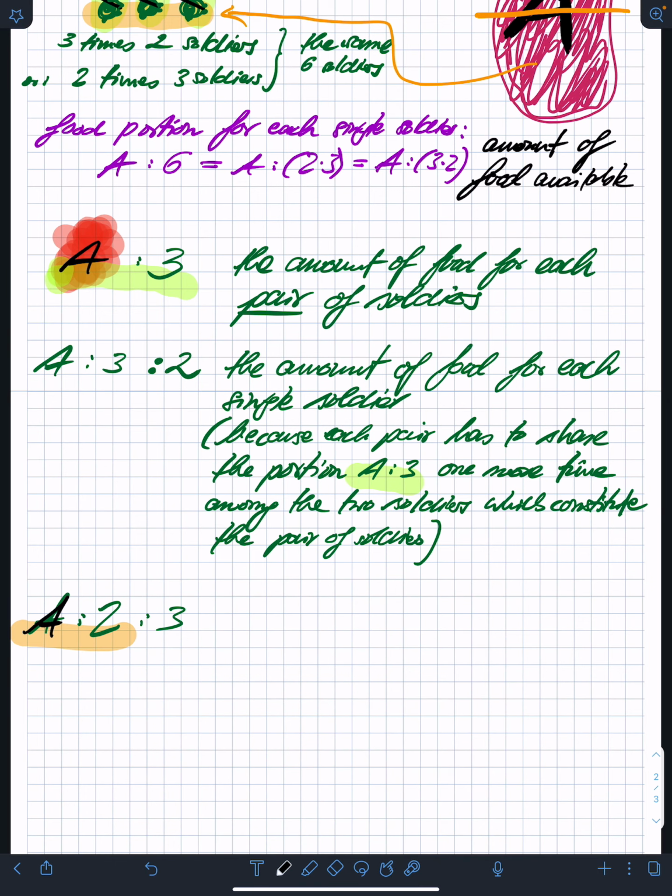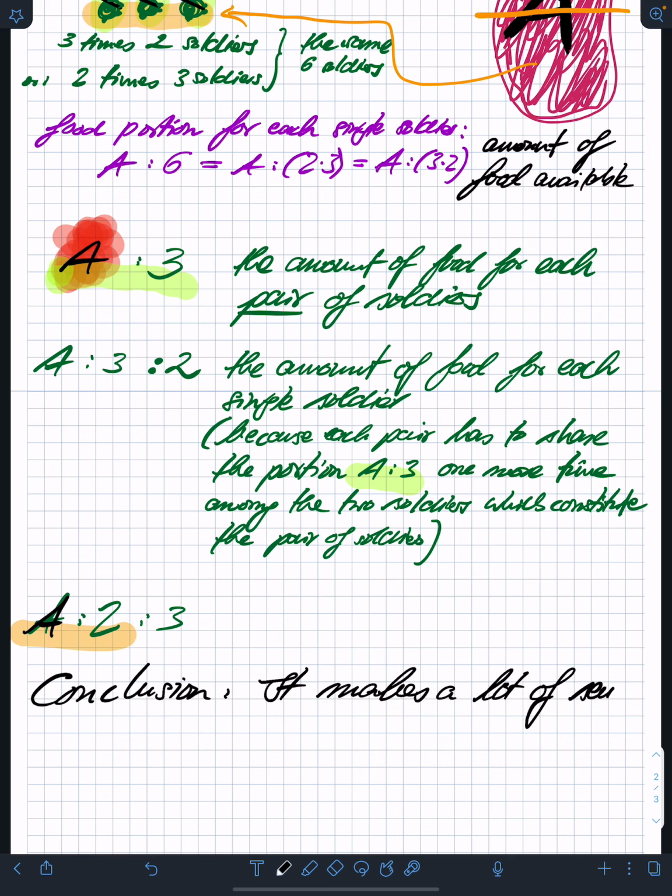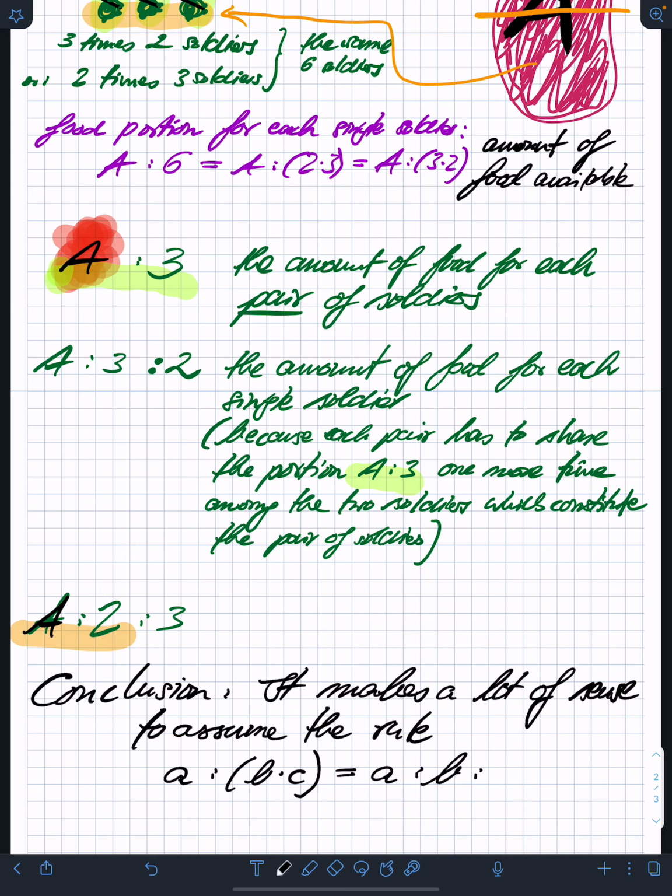So, conclusion. It makes a lot of sense to assume the rule A divided by (b times c) is the same as A divided by b divided by c.